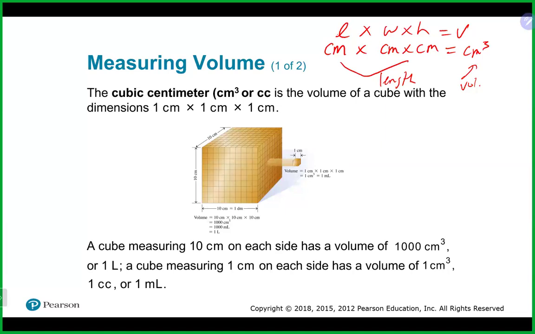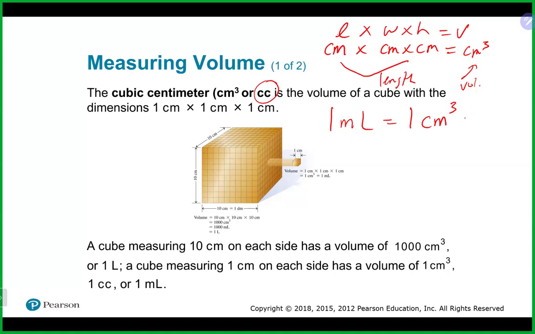A really important conversion is 1 milliliter is a 1-to-1 conversion with a cubic centimeter. In medicine, cc is sometimes used for a cubic centimeter, like give the guy 5 cc's of this before they die or something, right? So it's really a milliliter.